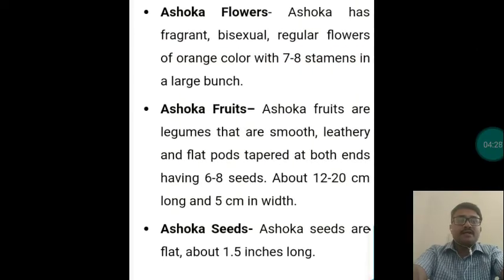Ashoka has fragrant, bisexual, regular flowers of orange color with 7 to 8 stamens in a large branch.